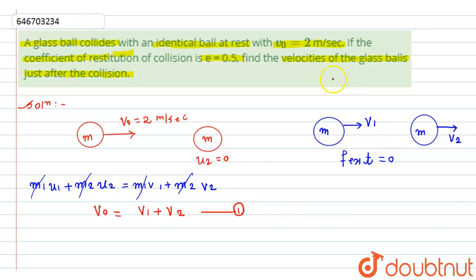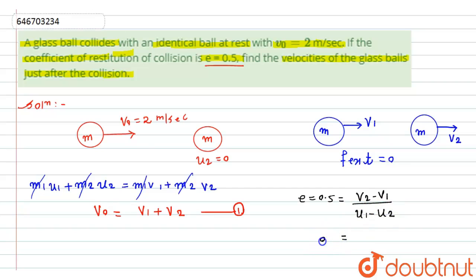Now as per the question, the coefficient of restitution is equal to 0.5. If we define the coefficient of restitution, it is given by: 0.5 equals the velocity of separation divided by the velocity of approach. Velocity of separation here is v2 minus v1, divided by velocity of approach, which is u1 minus u2.